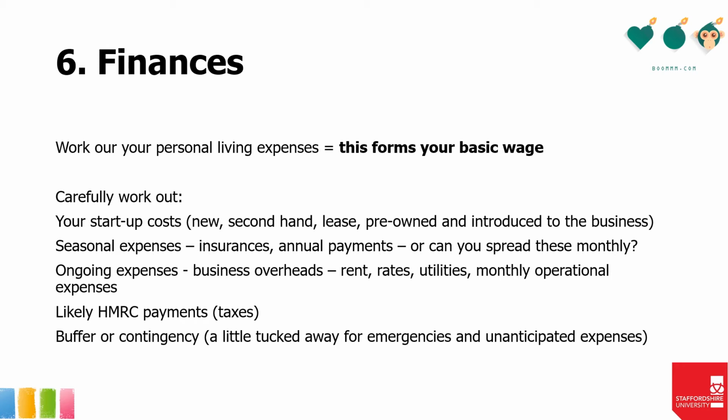You need to look at seasonal expenses, so insurances, annual payments, or can you spread these monthly? What you're doing again is flattening out your annual running costs into very similar monthly amounts. For instance, I have a professional indemnity insurance. It costs about £400 a year.